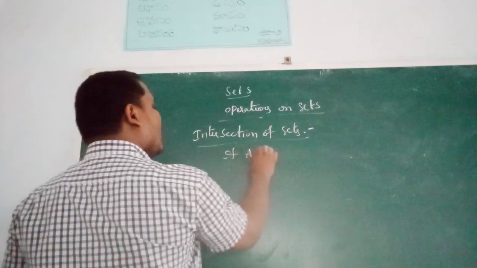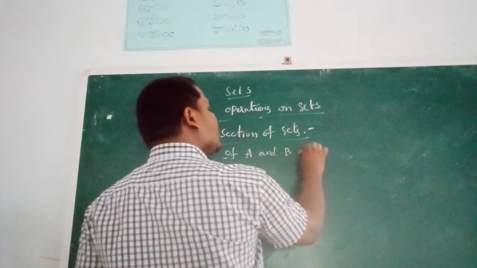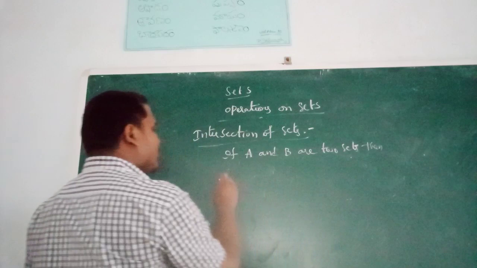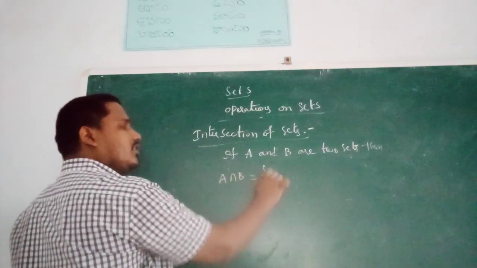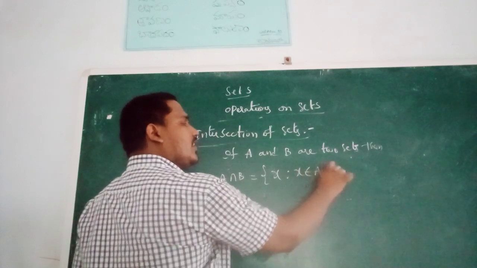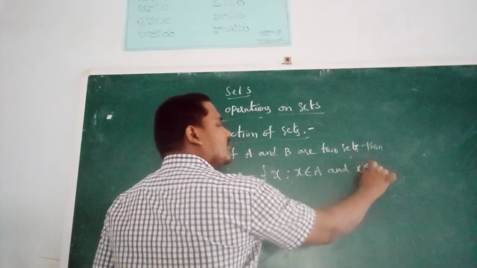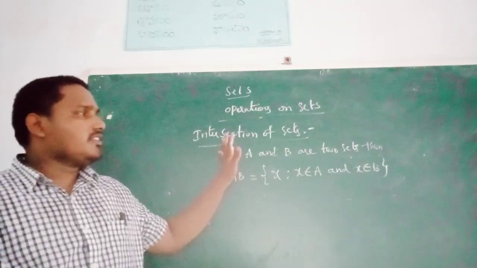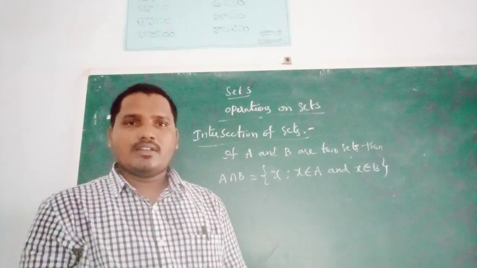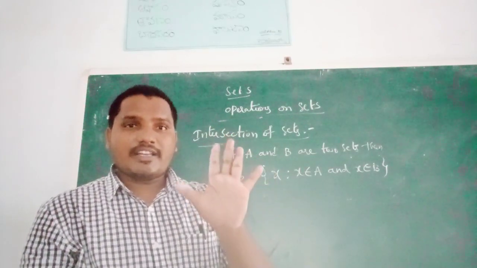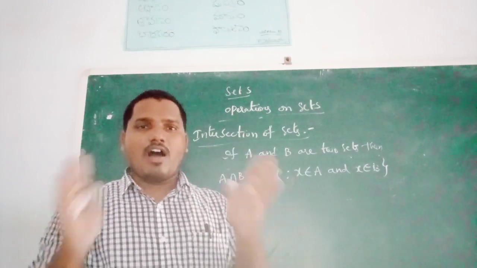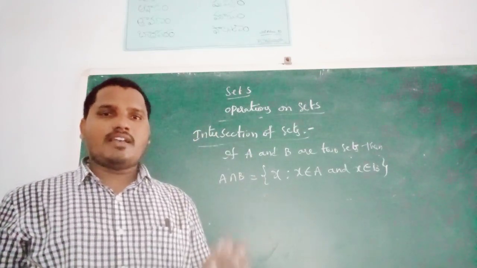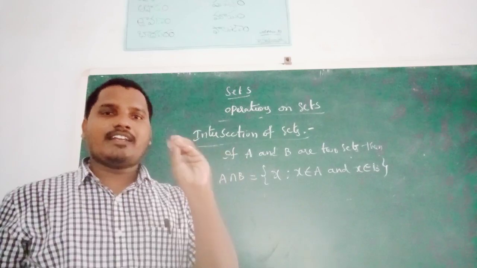If A and B are two sets, then A intersection B is equal to the set of X such that X belongs to A and X belongs to B. The common elements present in both A and B, then that is called intersection of sets.